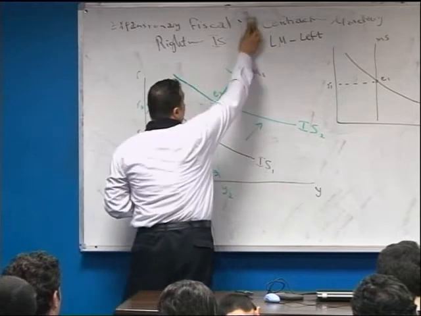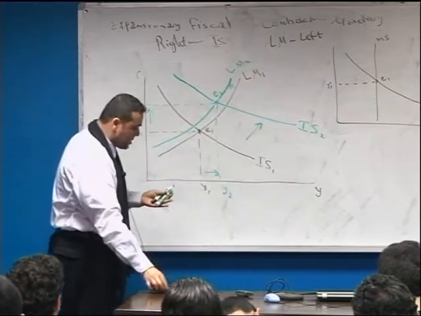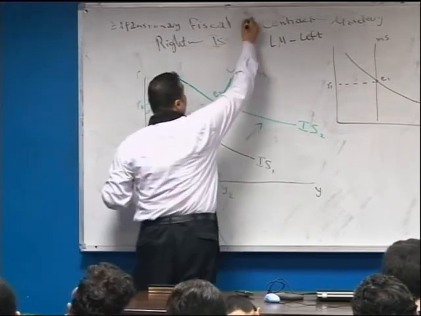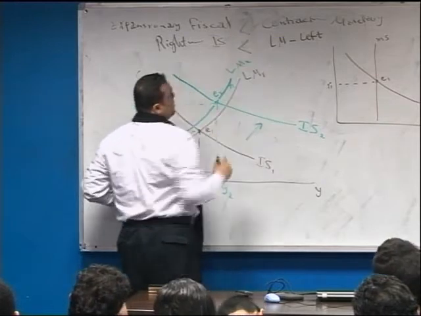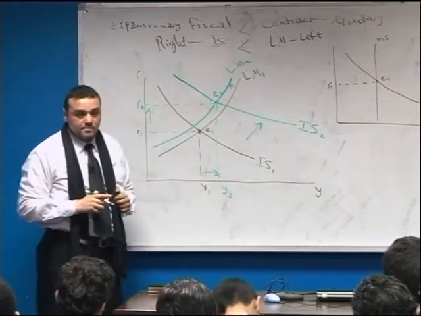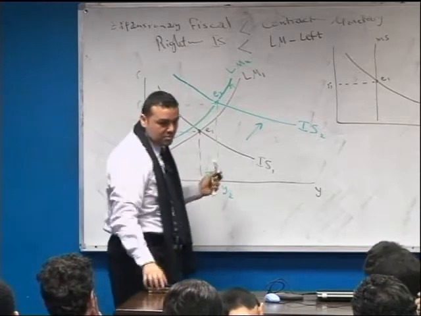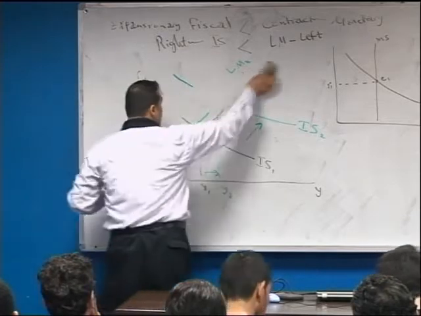suppose انه الاكسبانشن fiscal policy is smaller than the contractionary monetary. مش عارف I don't know. We have to draw and explain the result.